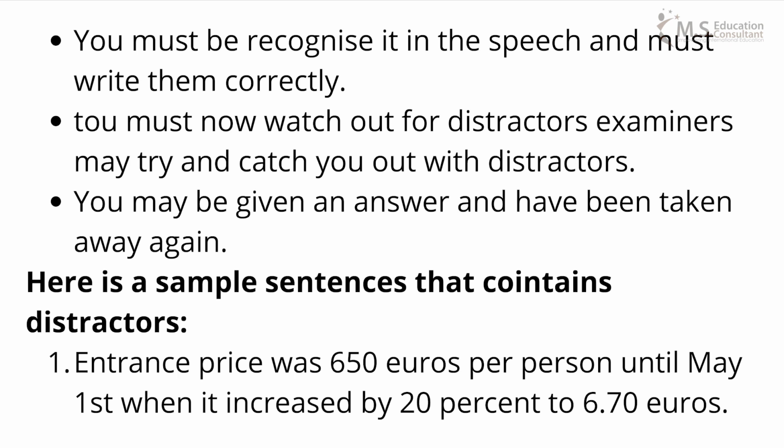Here are some example sentences containing distractors, with the relevant words highlighted. Let us take an example from this. Entrance price was 6.50 euros per person until May 1st, when it increased by 20% to 6.70 euros.